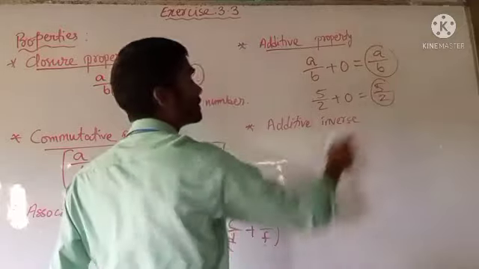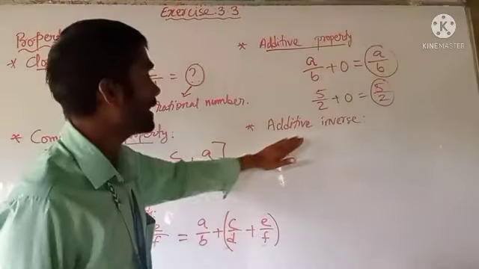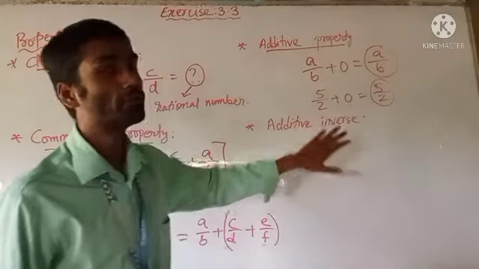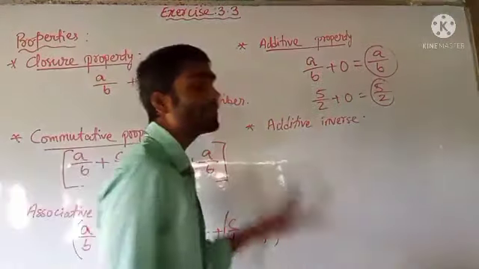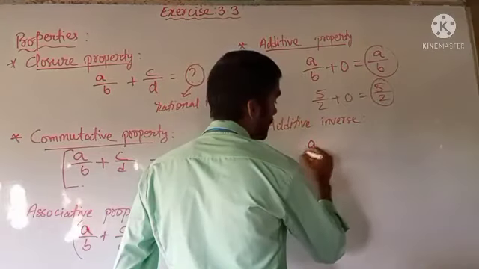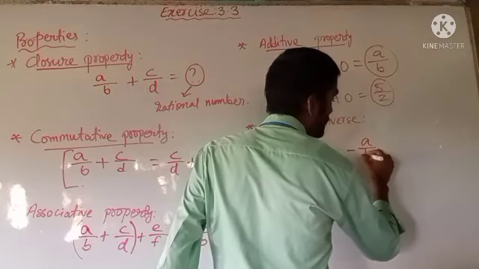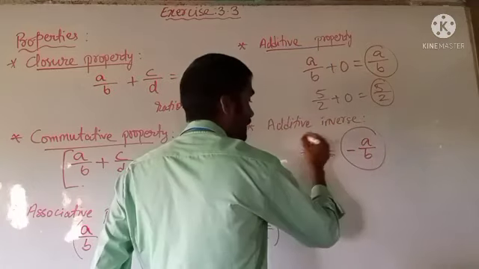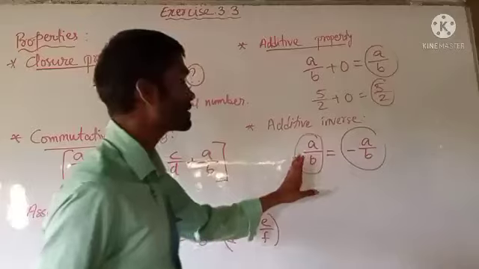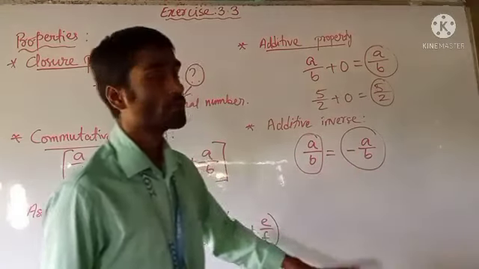Now additive inverse. Additive inverse is just the negative value of that number. That means for a by b, minus a by b is the additive inverse of a by b. That means just the opposite sign of that rational number.